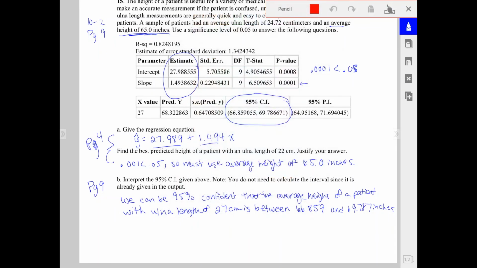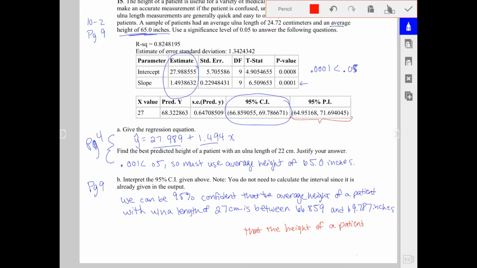Now, not to give anything away, but if it asks for a prediction interval, remember that that's this part right here. And the only difference in the interpretation is that we would say, instead of the average height of a patient, we would say that the height of a patient.